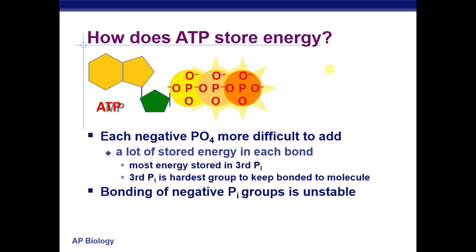So kind of like it's saying here, each of these phosphate groups becomes harder than the last to attach. So the bond between the second and the third phosphate contains the most energy. The most energy is stored in this bond right here because it's hardest to keep it bonded together.